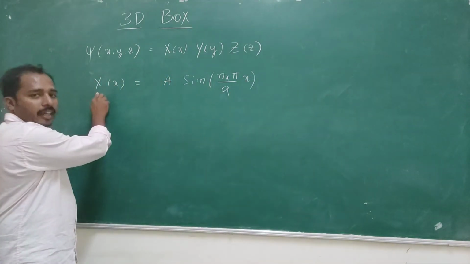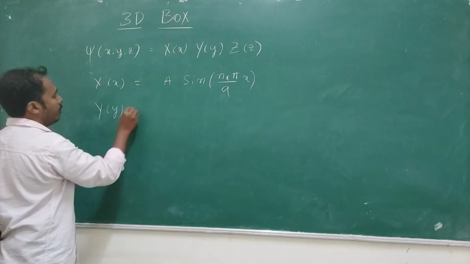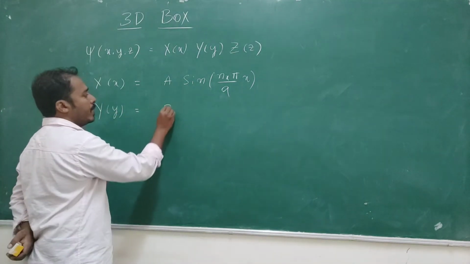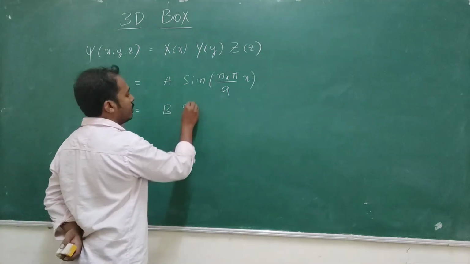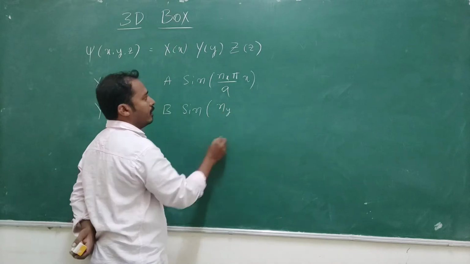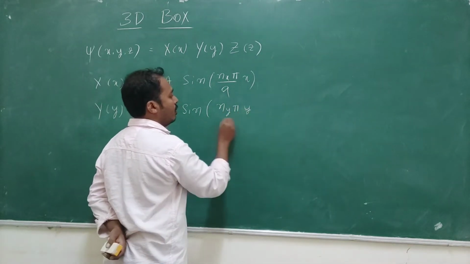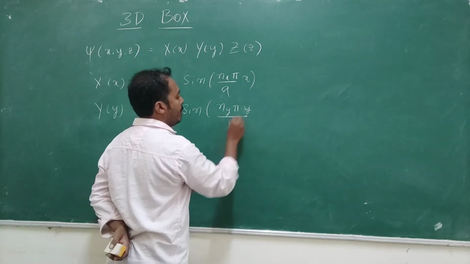This is the X. Next, Y(y) is equal to root 2 by b times sin of n_y pi y divided by b.